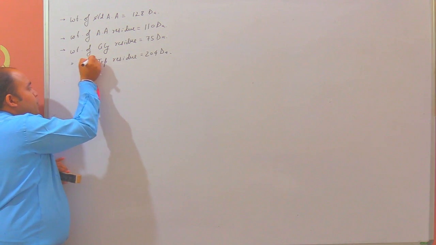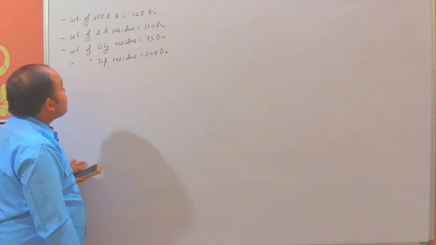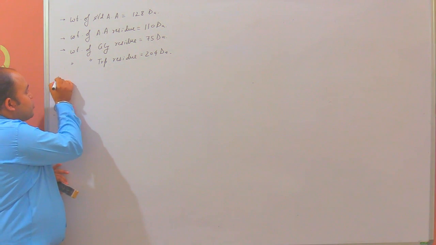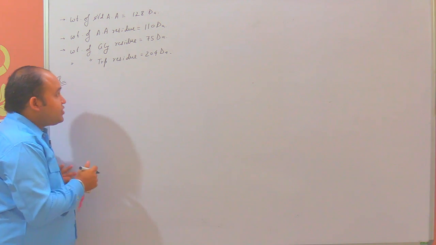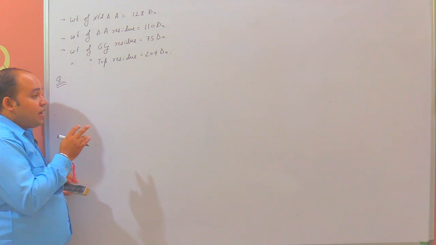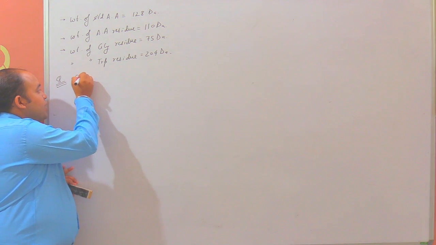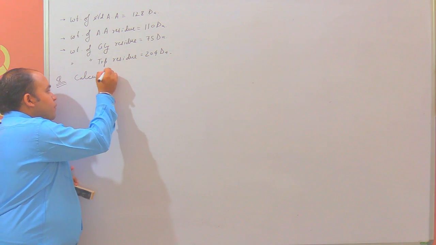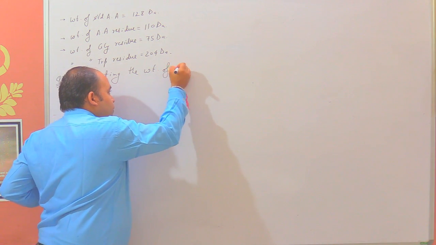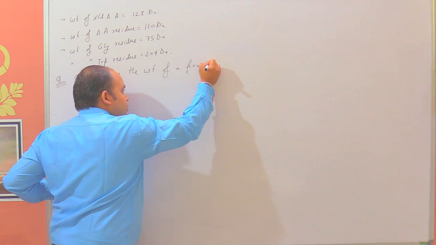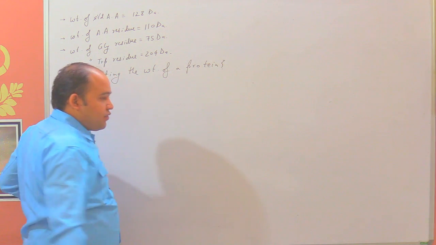Now, calculating the weight of a standard protein. Questions could be asked in section B from here or in certain other entrance examinations such as ICMR and GATE. How can we calculate the weight of a protein?